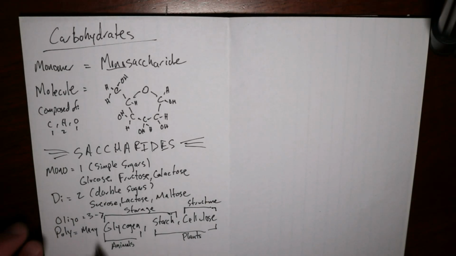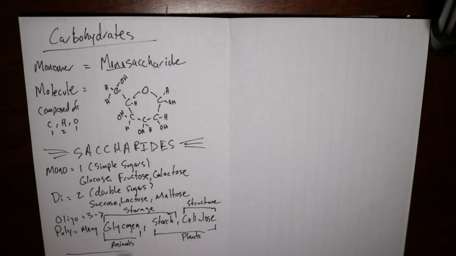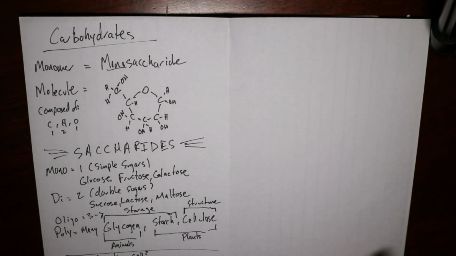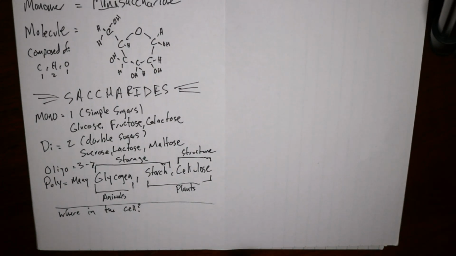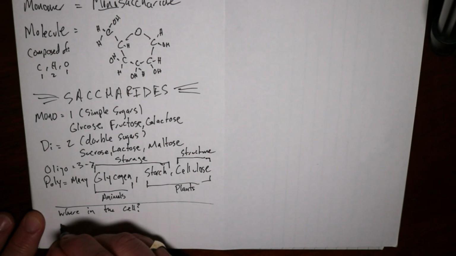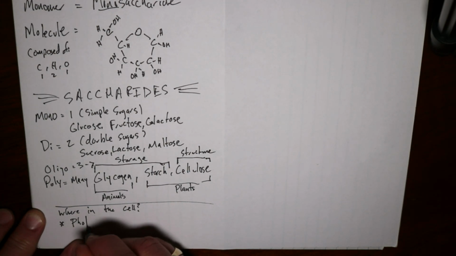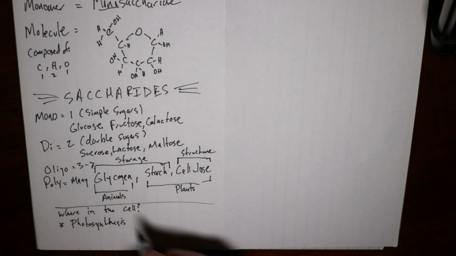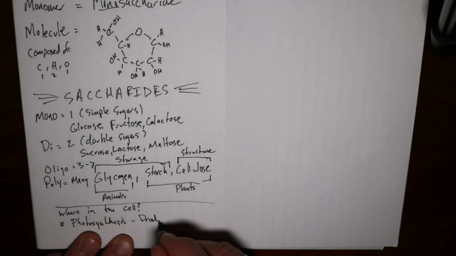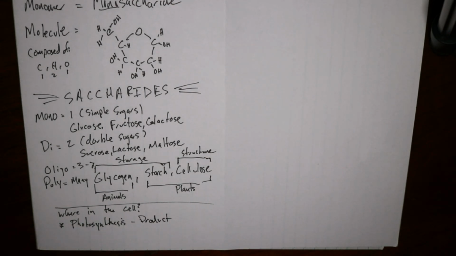So, question. I think at the end of each one of these, we want to write a question, and the question's the same one. Where in the cell? Not great grammar, but it will work for what we're doing here. Where is this located in the cell? Where do we find these things? Well, number 1, we find them in photosynthesis, right? So glucose is the product of photosynthesis. It's what we make when photosynthesis, well, we don't make it, but plants do, right?